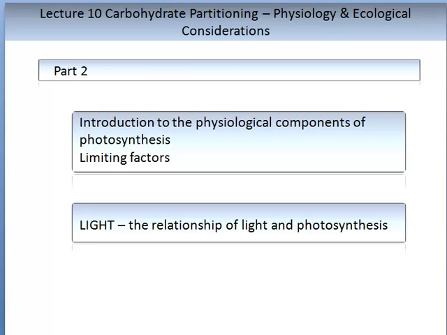I will be introducing to you the concept of limiting factors, and we will look at some of these limiting factors. The first one we will look at in detail will be covered in this lecture, light. The others, temperature and carbon dioxide, will be covered in Part 3.